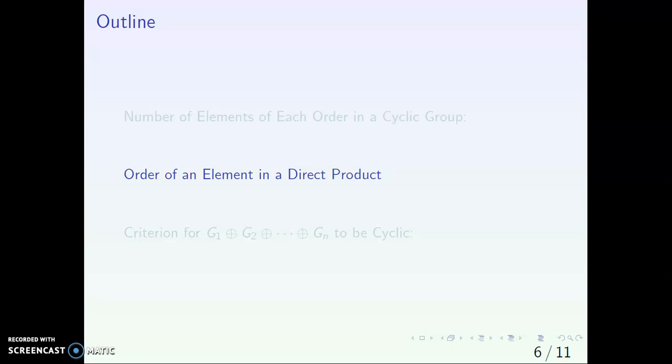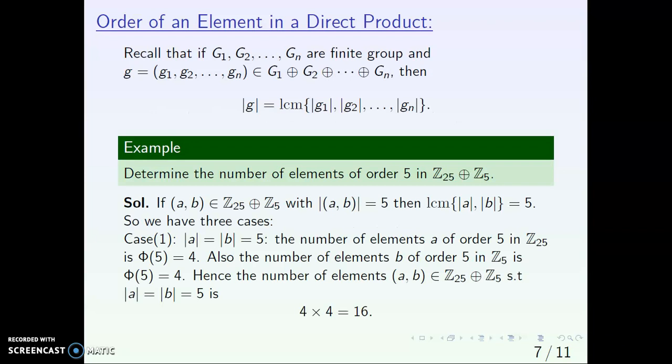Another subsection, order of an element in a direct product. Recall that if G1, G2, up to Gn are finite groups and g equals (g1, g2, ..., gn) belongs to G1 ⊕ G2 ⊕ ... ⊕ Gn, then the order of g equals the least common multiple of order g1, order g2, up to order gn.